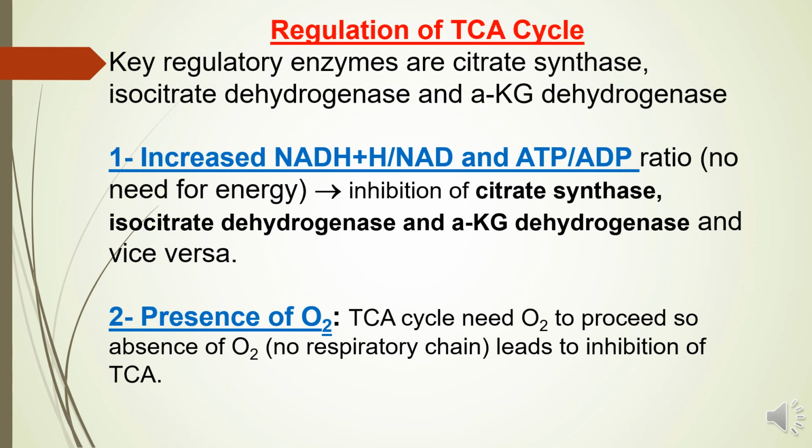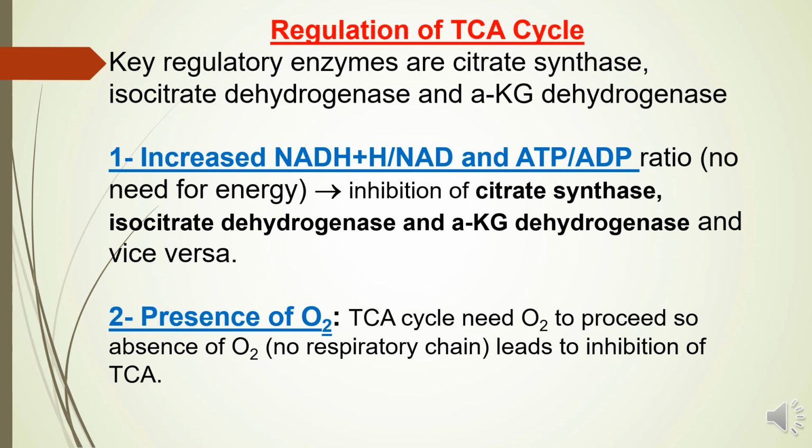So this cycle will be inhibited as a step of citrate synthase, isocitrate dehydrogenase, or a-Ketoglutarate dehydrogenase step, and vice versa. يعني إيه؟ يعني إذا ارتفع مستوى الناد أو ارتفع مستوى ال ADP يحصل activation للإنزيمز دي.